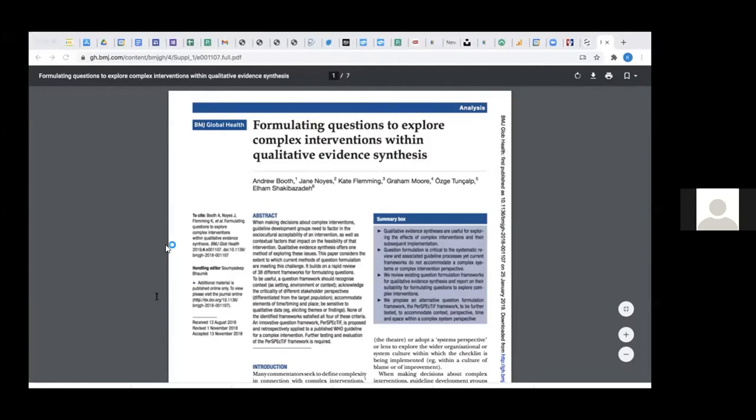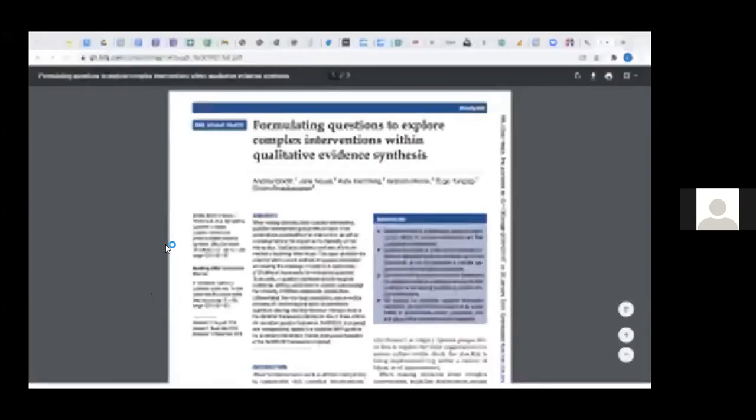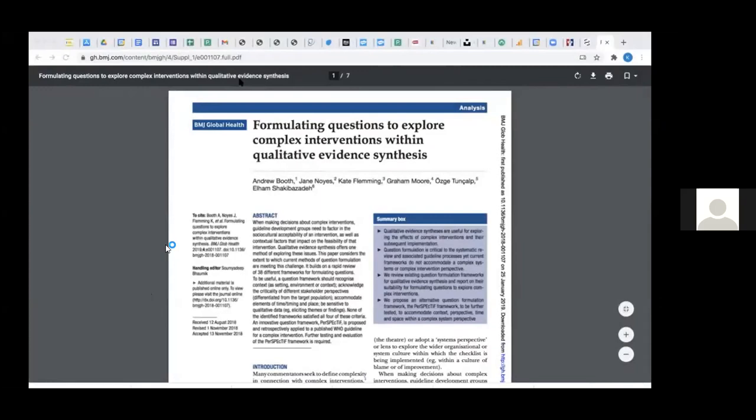Okay, so PRISMA diagram. What is PRISMA diagram? PRISMA diagram works in order to generate a systematic approach to literature review.